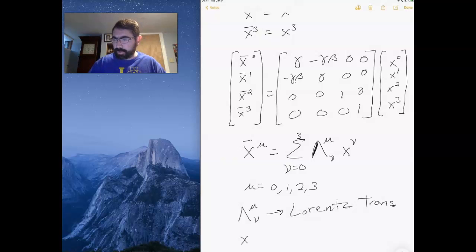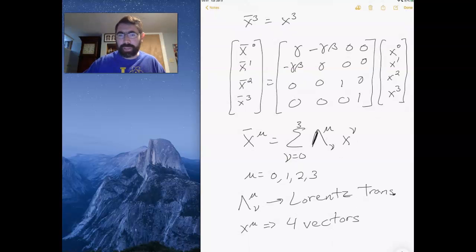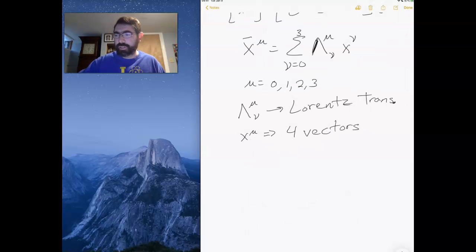These x's with the indices mu or nu are what are called 4-vectors, because it's a vector with 4 dimensions. And what we saw before in our math methods class is that we can write these as covariant vectors, where the index is in the subscript.